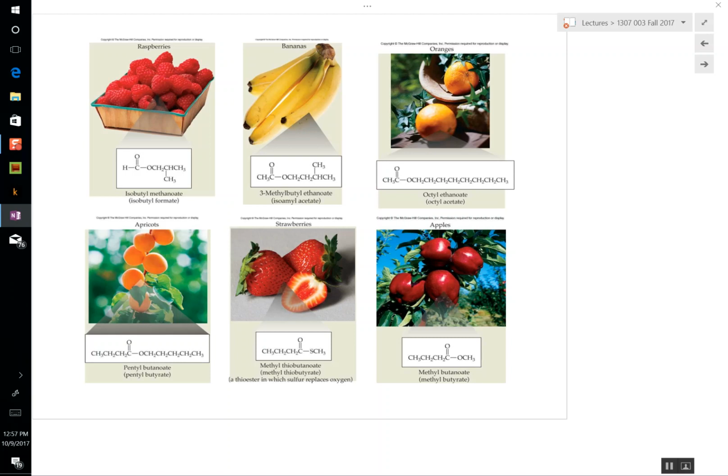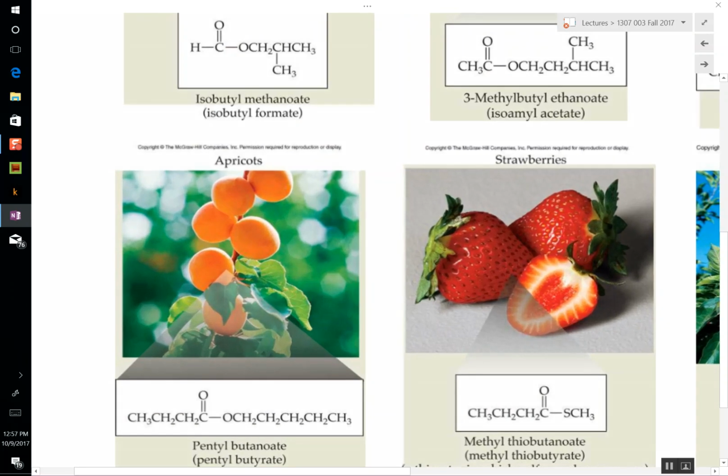Pentyl butanoate. Pentyl, 1, 2, 3, 4, 5 carbons. So we've got 5 carbons. And butanoate, 1, 2, 3, 4 carbons here with this carboxylate group. There's an IUPAC name and a common name for many of these.